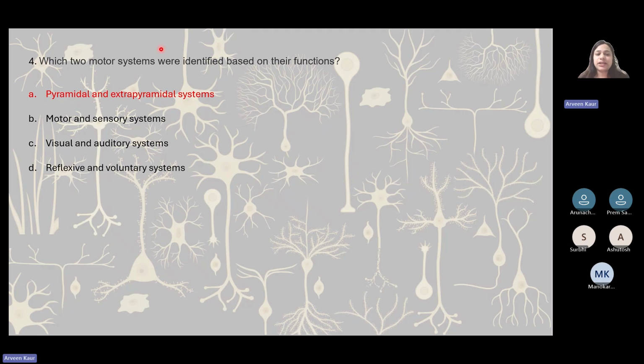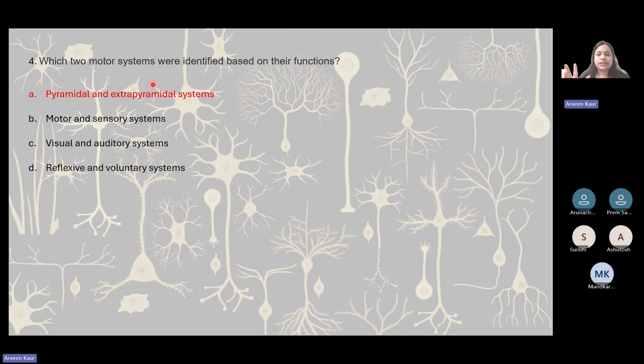Both are motor systems, and motor and sensory is not an option here. Visual and auditory is a different kind of discussion, as they are sensory and motor modalities. The correct answer for this question is pyramidal and extrapyramidal.